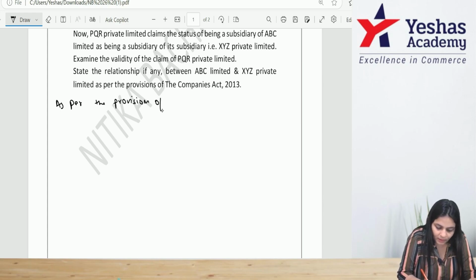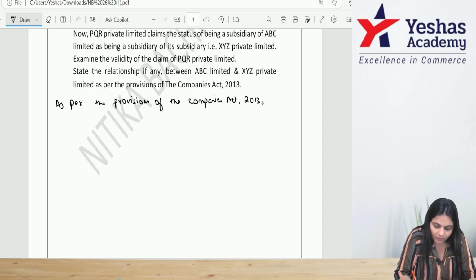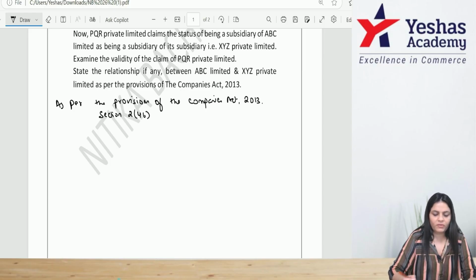As per the provisions of the Companies Act 2013. Now, I remember the section number, so instead of writing as per the provisions, I can write as per section 2, clause 46 of the Companies Act.